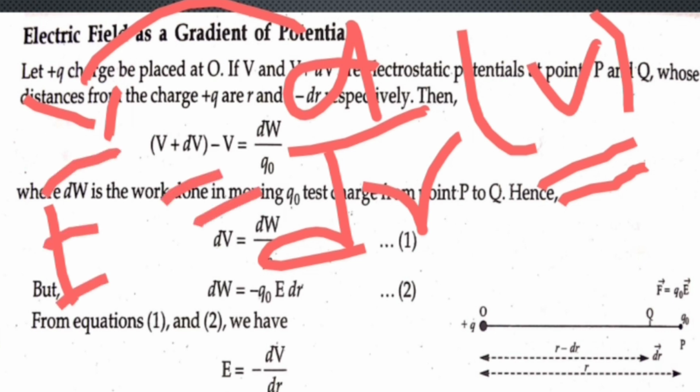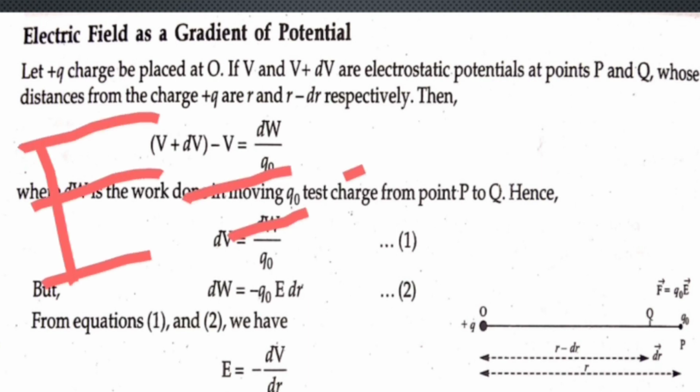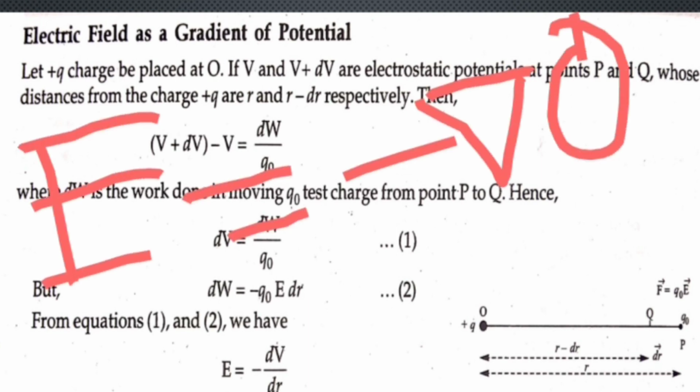This is the magic of this equation. That is why we need to learn this. And in the next topic, that is equipotential surface, we will study this in detail. One more thing, in higher classes you will learn that E will be equal to minus nabla phi.